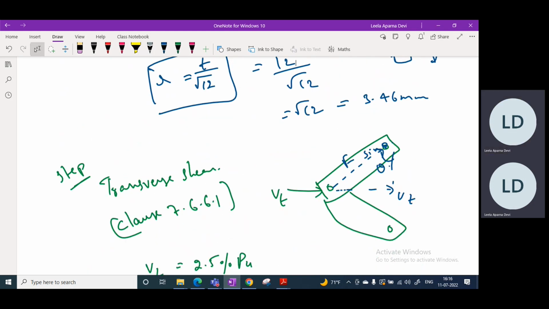One small correction: as this is our F, this horizontal component will be F sine theta. So we are equating these two.